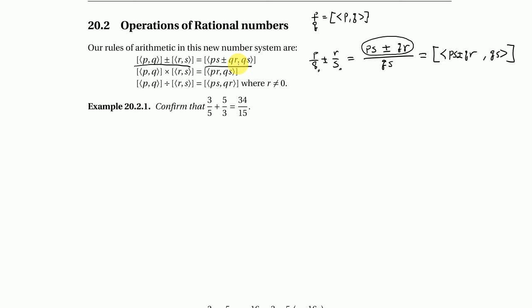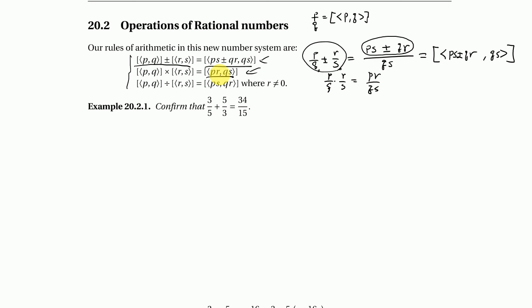So you can see all these formulas in here, it's just kind of the translation of our traditional addition, subtraction, multiplication and division in this new format, right? So it's no problem with that. So the product, P over Q times R over S, the typical format was PR over QS, right? That's exactly representing these equivalence classes.